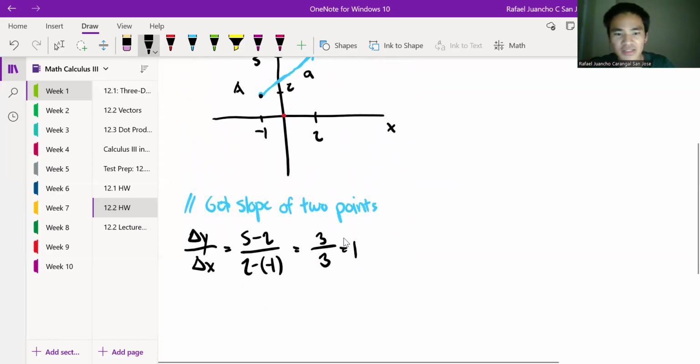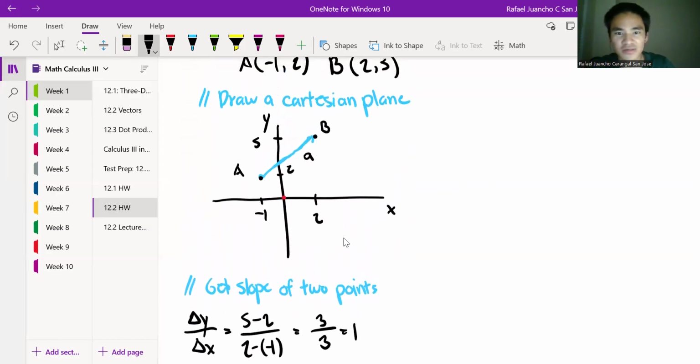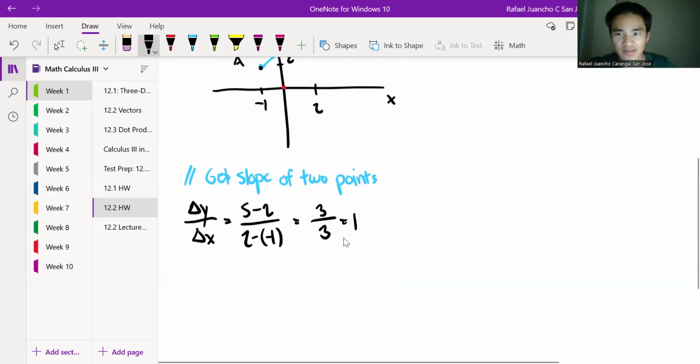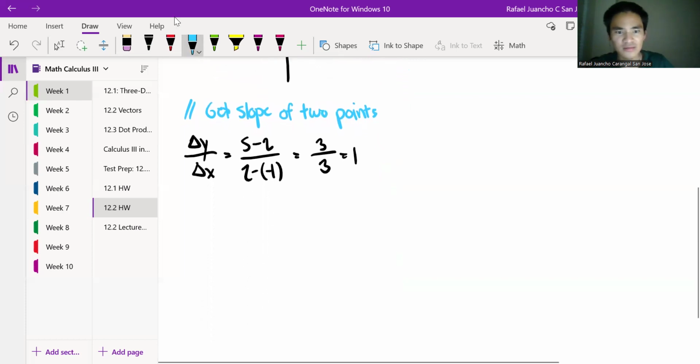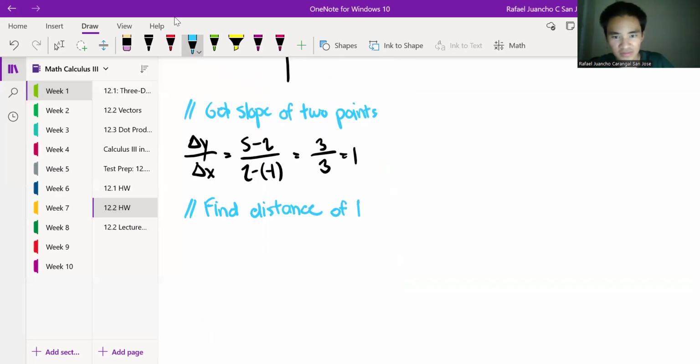Now we want to find the distance of those 2 points, so how far apart they are from each other, so that we can find the length of our position vector.